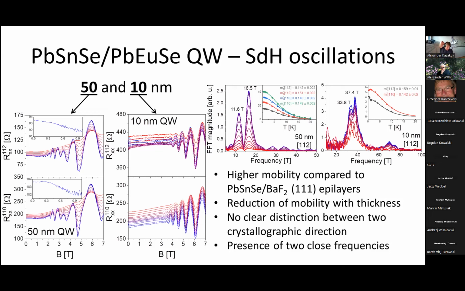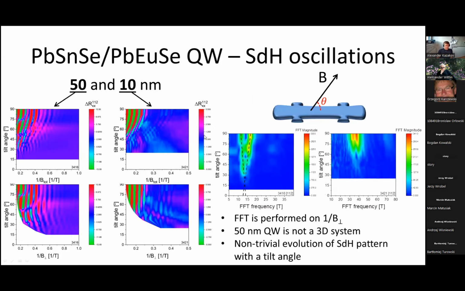What is important here is that within these fields we do not see any difference between two different crystal orientations. So at least up to 7 Tesla, the system is quite isotropic.